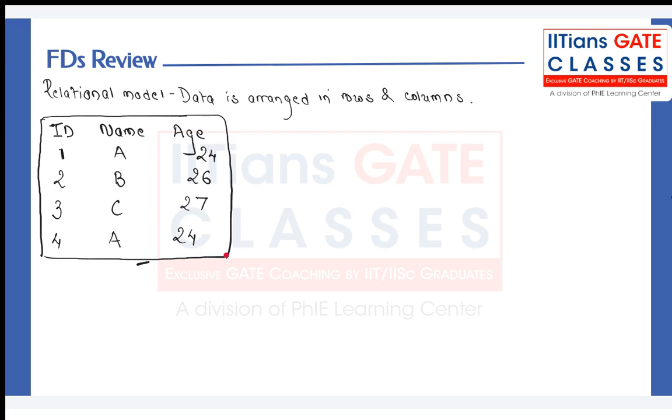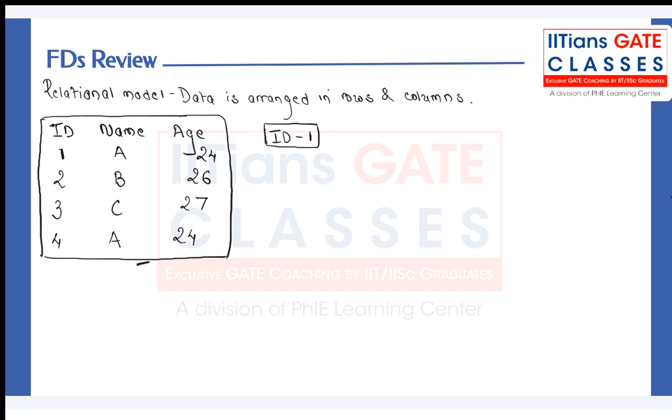Which column value should I take such that I will get a unique row for that value? It's the ID, right? So if I give you an ID of 1, you will tell me that ID of 1 means I get this row. There is no other row I get. I get the first row with the name A and an age of 24. I will not get any other row, correct? Is this clear? So far so good.